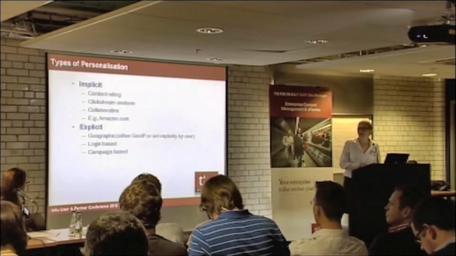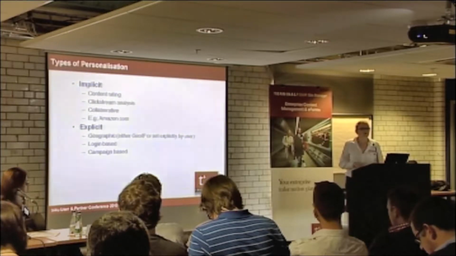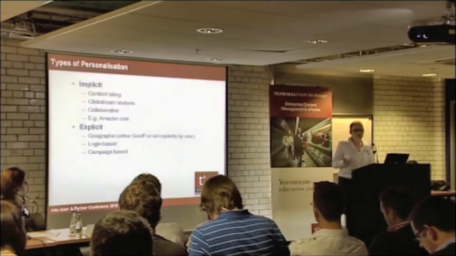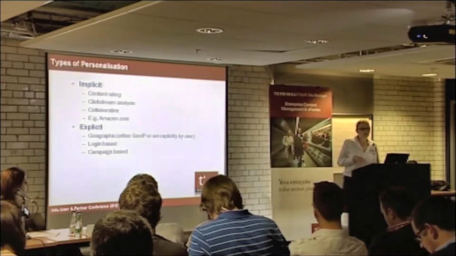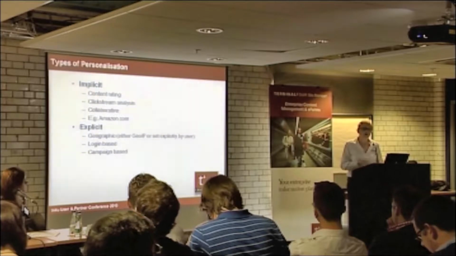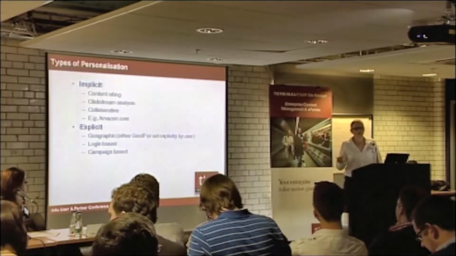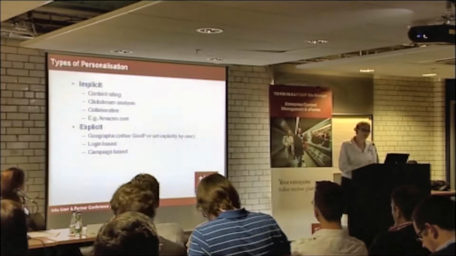It can also be campaign based. So for example, if you send out a newsletter and in it you have a link to view undergraduate information, users click that link, you know that they're interested in undergraduate information, so the rest of your site can then be tailored. When they go to your homepage, show a banner about undergraduates and how great your undergrad program is, instead of a more generic banner.